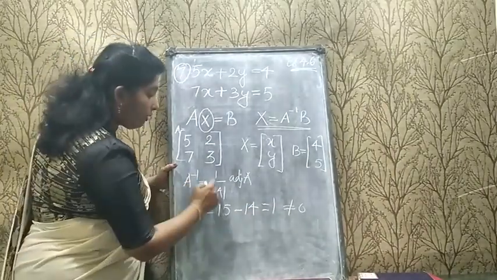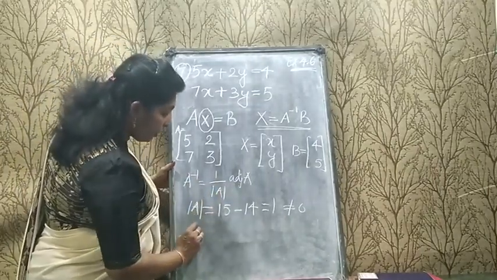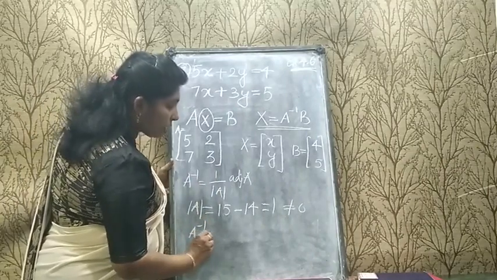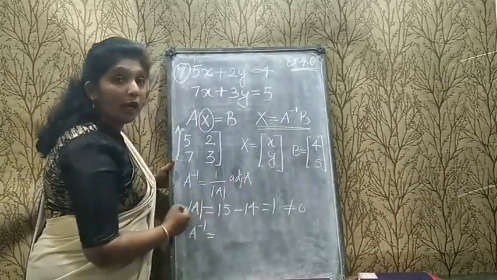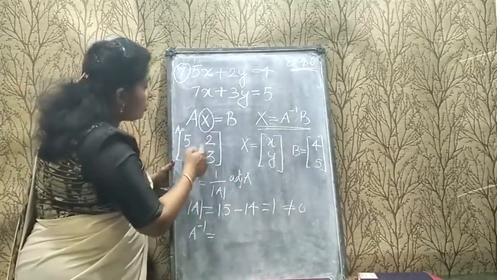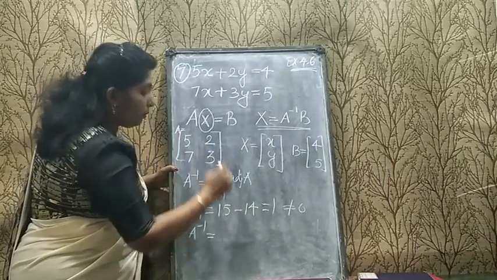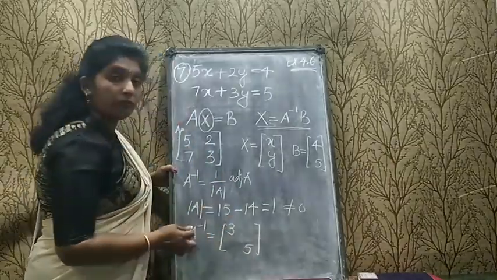How will you find A inverse? A inverse is 1 by determinant of A, which is 1 by 1, into adjoint of A. I am going to write it directly, as I already told how to do it. You just have to exchange these two numbers, so here 3 will come and here 5 will come.